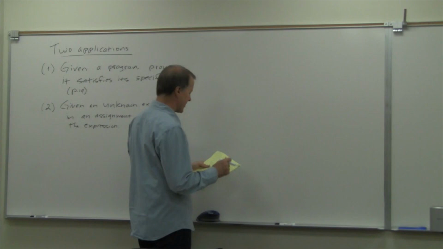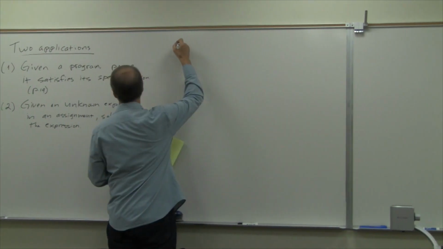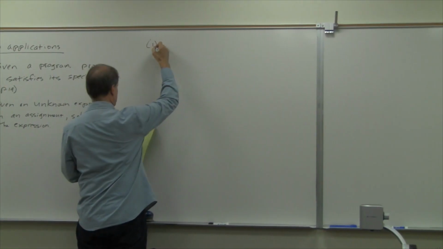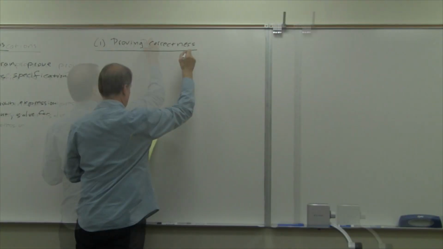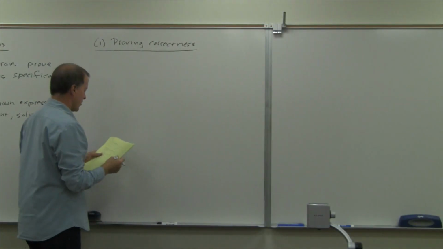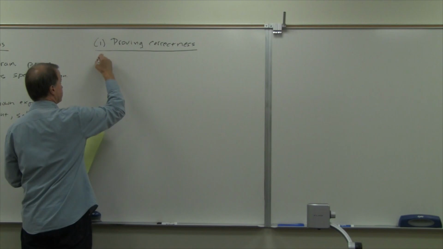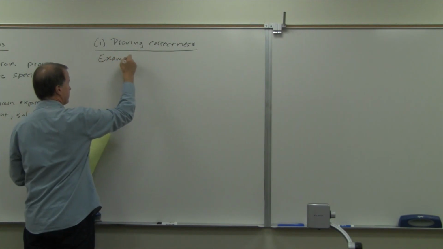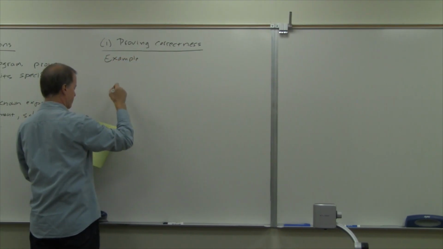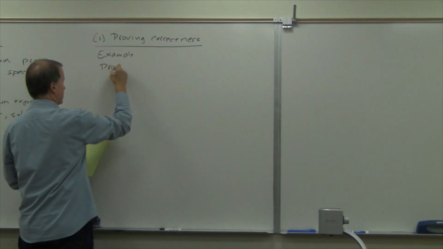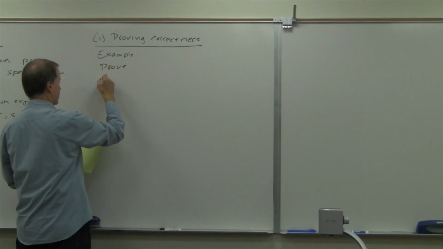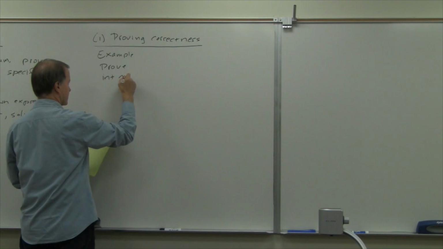All right, so first of all, let's do proving correctness. So here's one, proving correctness. And we're going to do this by example. And our example here is to prove the following. Int x, y.